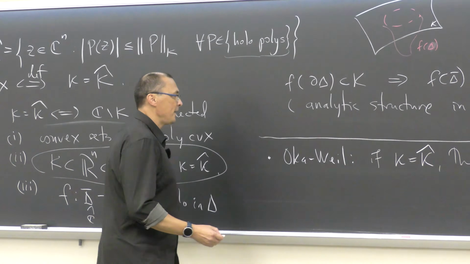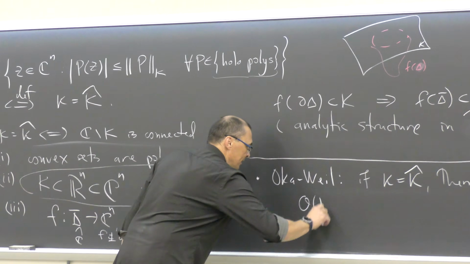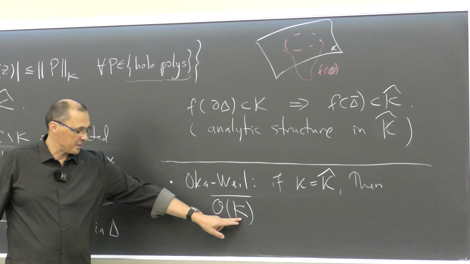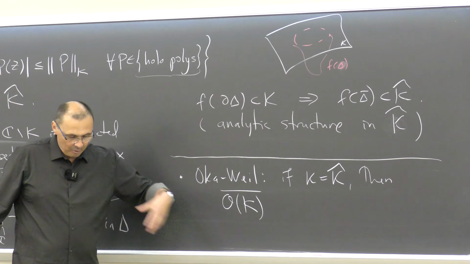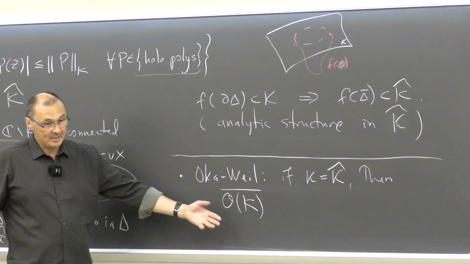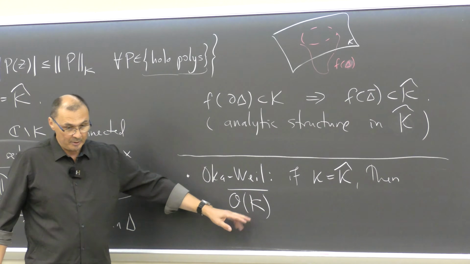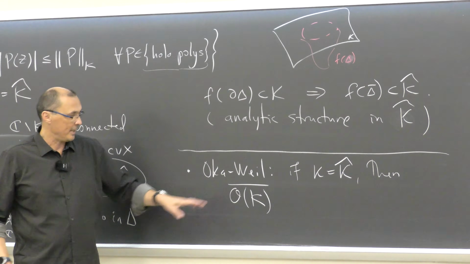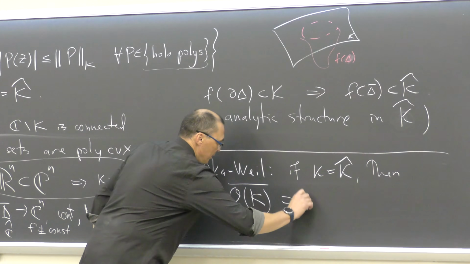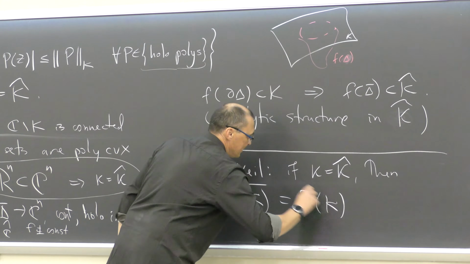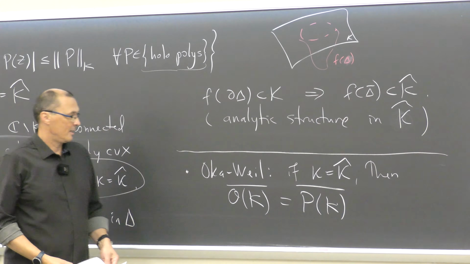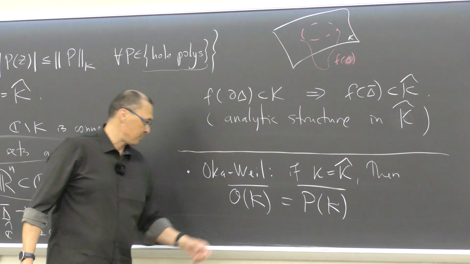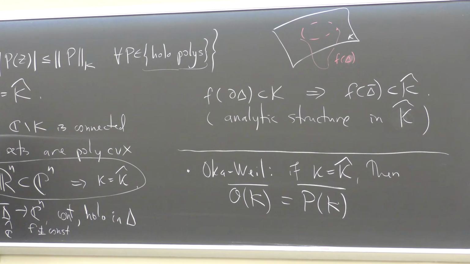The way I'm going to write it is to say that the closure of holomorphic functions on K, and holomorphic function means holomorphic in some neighborhood of K. The neighborhood depends on the function, and the closure is in the sup norm on K, is equal to the closure of polynomials with the same norm. So polynomials are dense in the space of holomorphic functions.